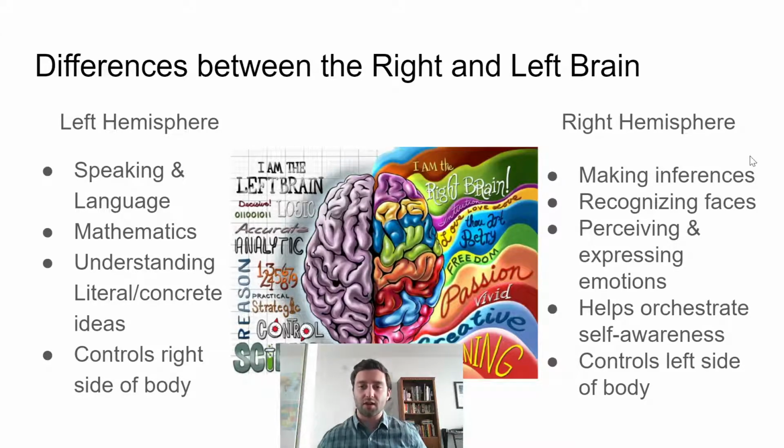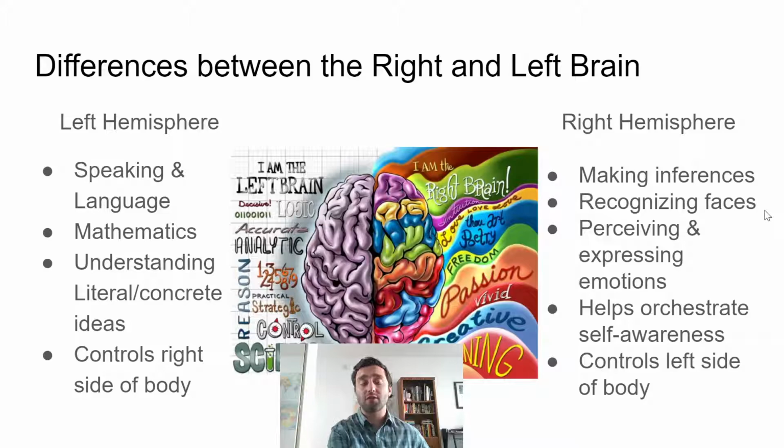Your right hemisphere is doing the inferencing. When you read something, a sentence doesn't necessarily mean word for word exactly what it says. If I said something went over your head, that doesn't literally mean a physical object went over your head.